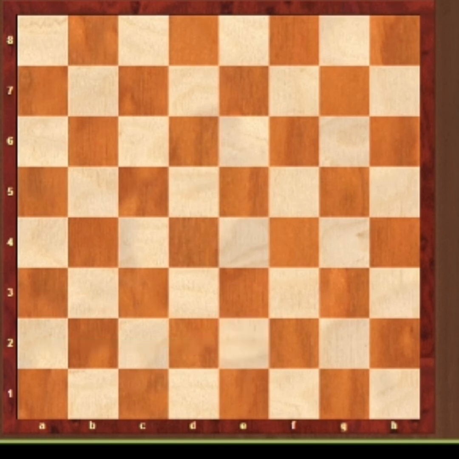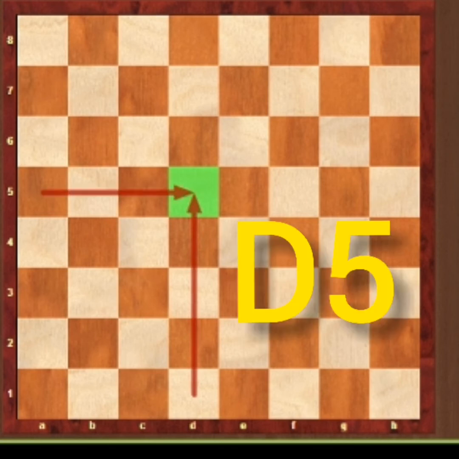So let's try this square over here. Give you a moment, hopefully you can work that out very quickly. So hopefully you've come to the answer D5, and we can see that it's on the D file, it's on the 5th rank, so therefore that square is d5.